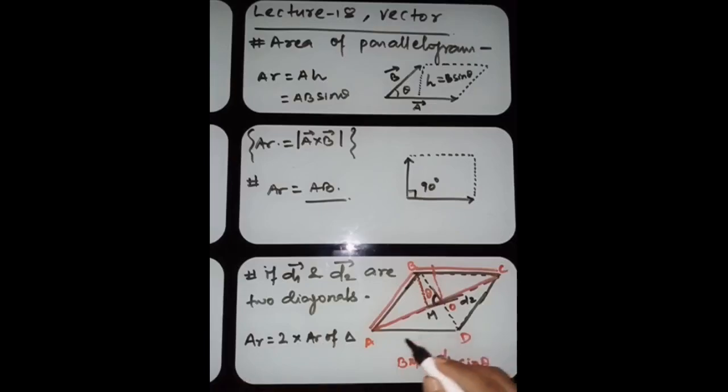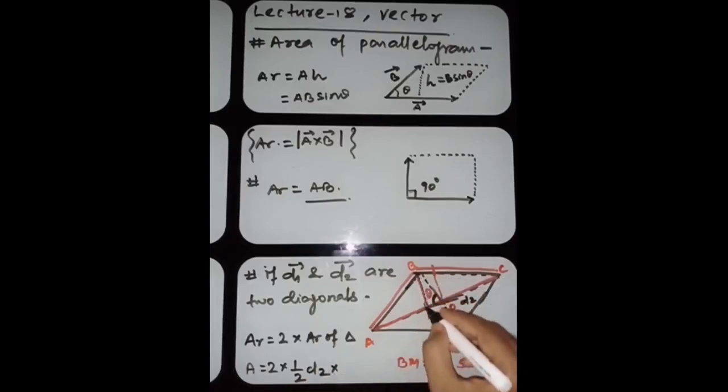Now the area of this triangle ABC, and then 2 times it will give the total area of this structure. Area of triangle ABC is half into base d2 and height BM, which is d1 by 2 sine theta. Now you can see the 2 will cancel out. Area equals half d1 d2 sine theta.